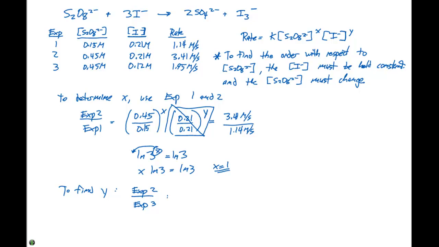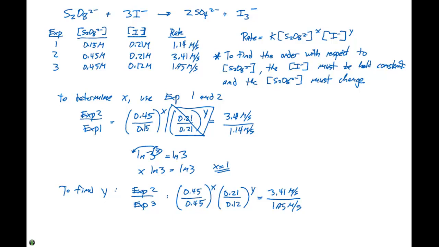If we look at our experimental data right here, in experiment 2 and 3, the concentration of S2O8 2- is 0.45 in each case. So that's going to be raised to the x power times 0.21 divided by 0.12 to the y power. That's going to equal 3.41 molar per second divided by 1.95 molar per second.